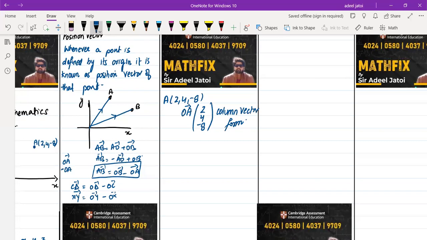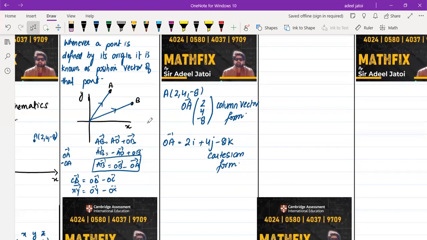And what does this show? This shows change in X, change in Y, and change in Z. Like suppose this was X and Y, so change in X and change in Y. Similarly, if we want OA, 2, 4, negative 8, in 2i plus 4j negative 8k, this is your Cartesian form.